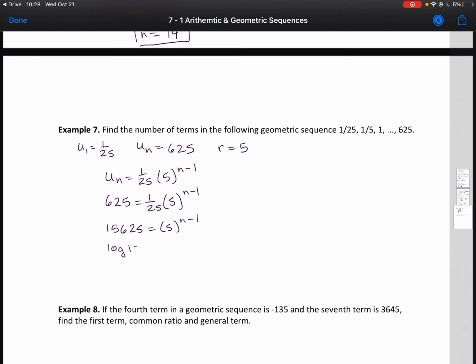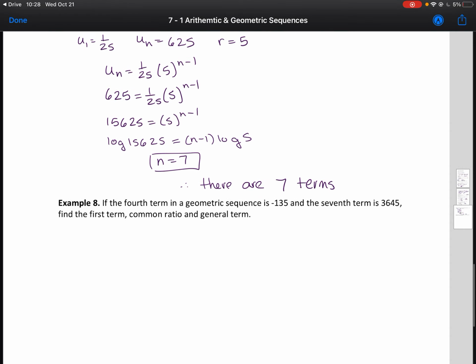I'm going to take the log of both sides, which allows me to bring down the exponent. Dividing both sides by log 5 and adding 1 is going to give me n equals 7. So that means that there are 7 terms in my sequence.